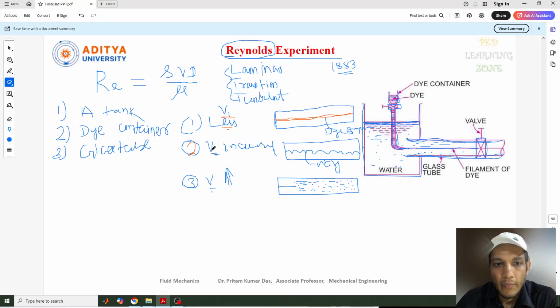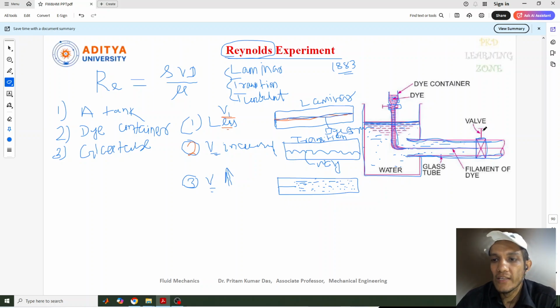Now from these three, what can we conclude? When the dye filament is moving like a straight line, or when the velocity is less, we can say this is laminar flow. When the velocity increases and the dye filament forms a wavy structure, a little up and down, then this comes under transition flow.